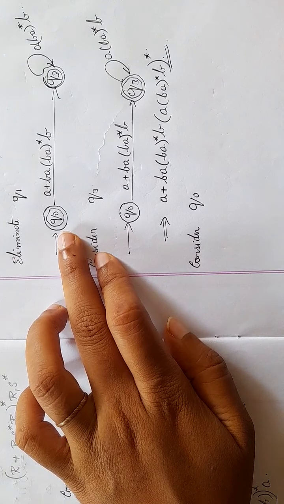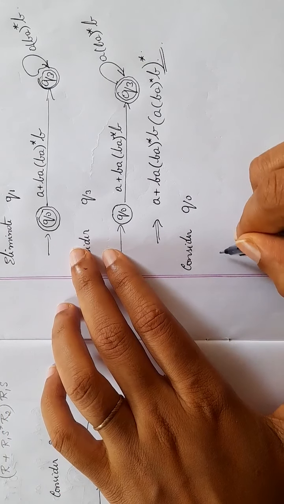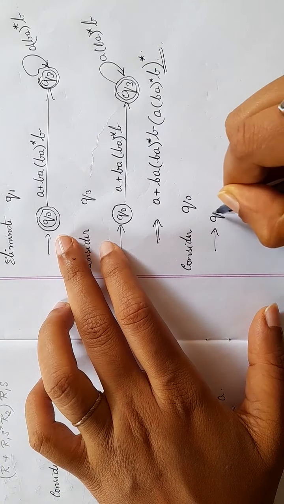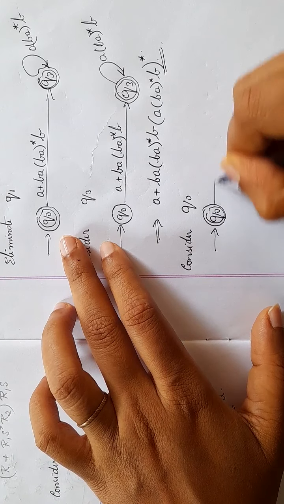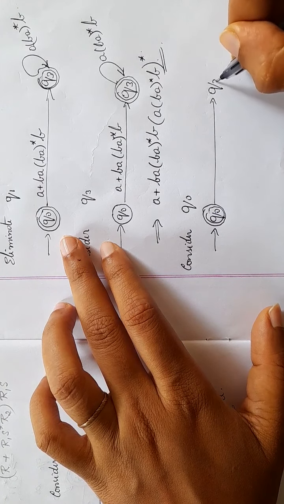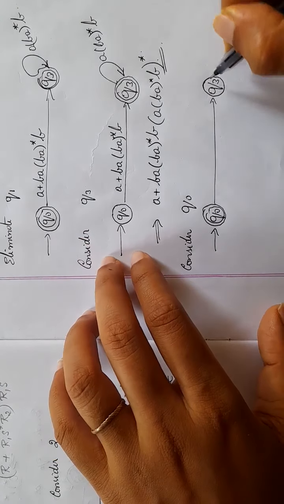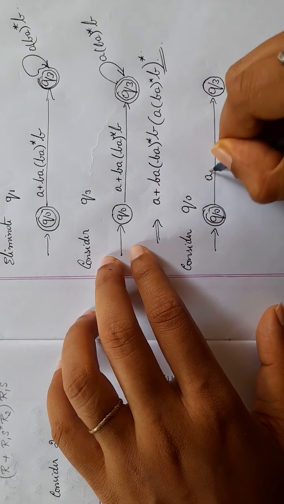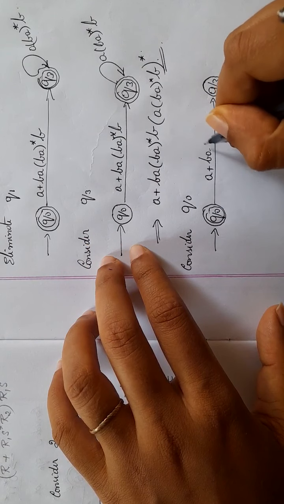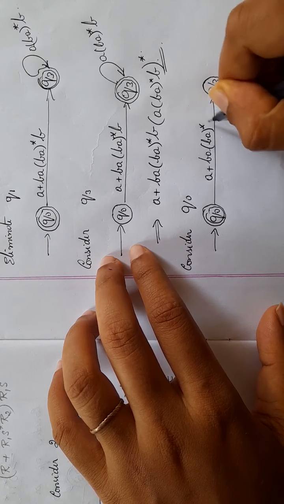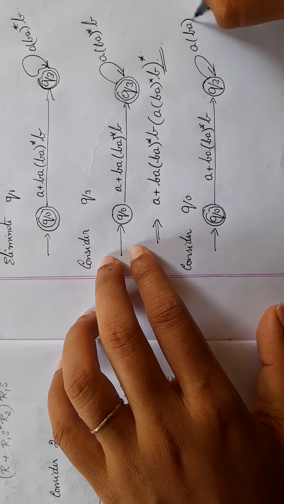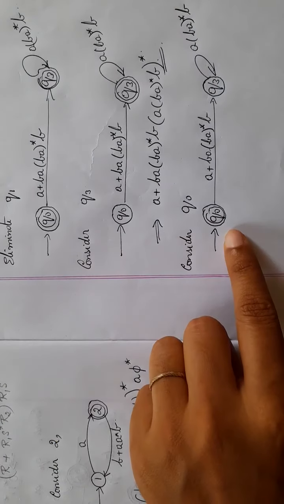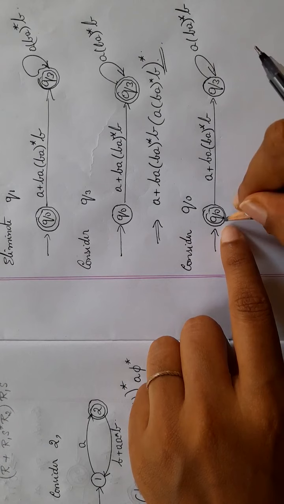So when I consider Q0 as a final state, how will this look like? Q0 is a final state. So I have a transition to Q3. Q3 is not a final state here now. Star B, and here it is A, B, A star, B. So right now I don't have a transition back to final state.